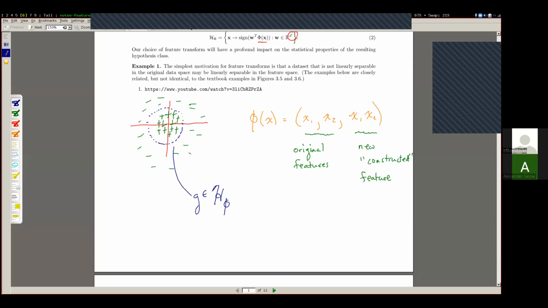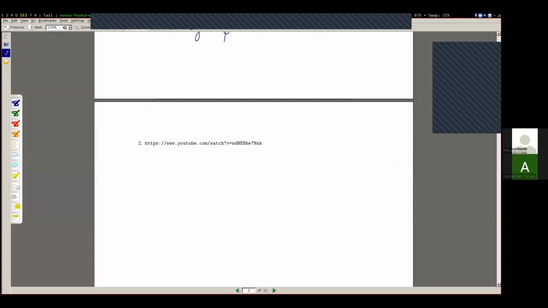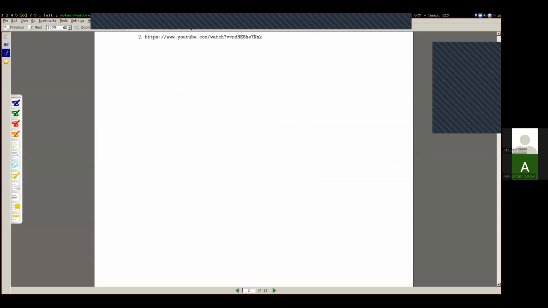Okay, the second example, another classic, is sometimes called the XOR example. So here are my axes, and let's draw some pluses over here like this, and pluses over here, negatives, negatives, like that.